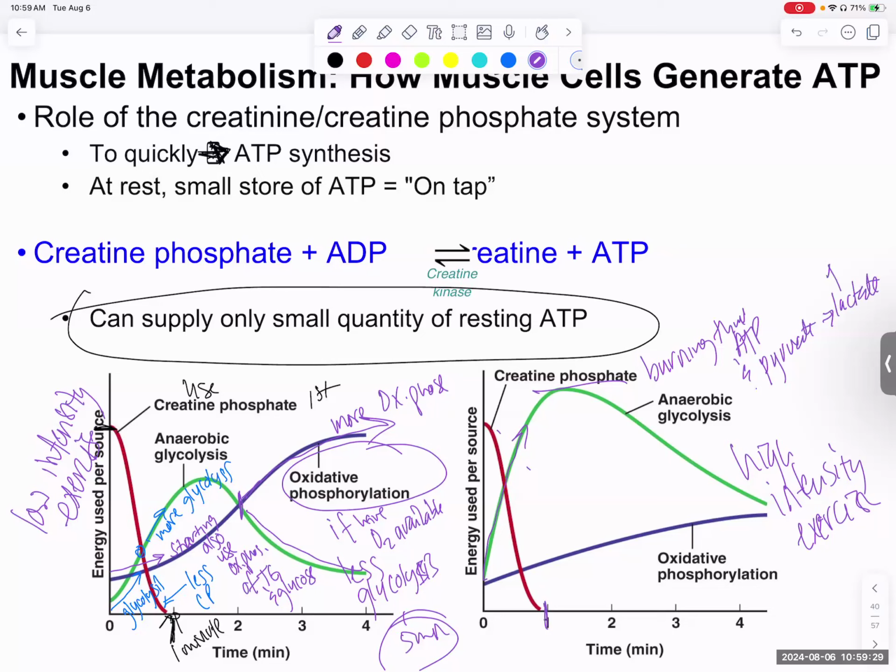So we have a buildup of lactic acid. Even though oxidative phosphorylation, it never makes it there because not enough O2 is available because you're going too fast. And so we're not getting enough oxygen. We're creating lactate, and we can only do high intensity for so many minutes.